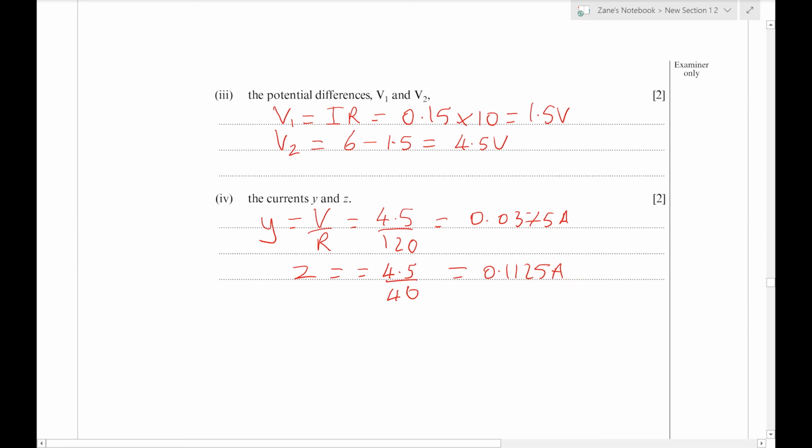And you'll notice that if we add those two currents together, we will be back to the 0.15 amps before the current split.